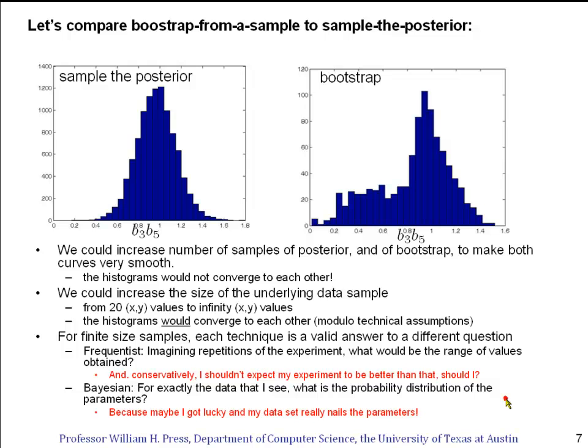The Bayesian says something different. The Bayesian says, look, I have exactly one data set. Here's what I'm interested in. It's the probability distribution of B3, B5 as determined by that data set. And that's really the question of interest. Because, maybe I got lucky and my data set just happens to be particularly good and really nails the parameters, whereas the frequentist's data set on average wouldn't be as good. So you see, these are simply different philosophical viewpoints.